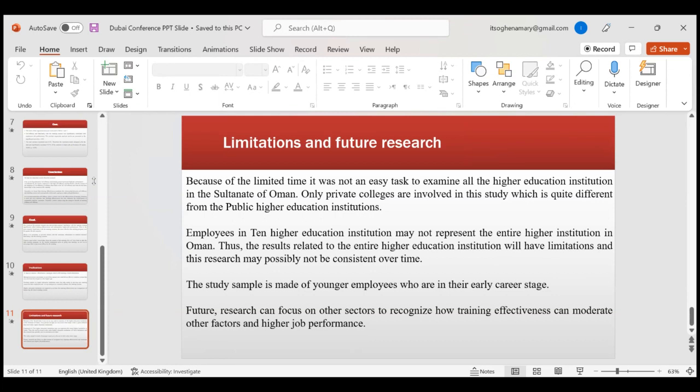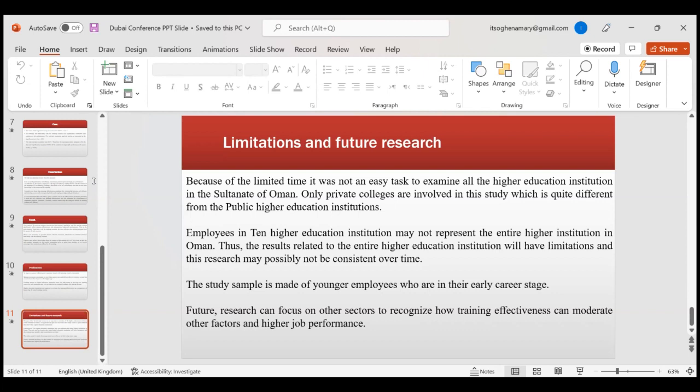We also see that employees in the 10 higher education institutions may not represent the entire institution in Oman. Because the result relates to the entire higher education sector, we have limitations. And this research may possibly not be consistent over time as time progresses. So we also acknowledge these limitations.